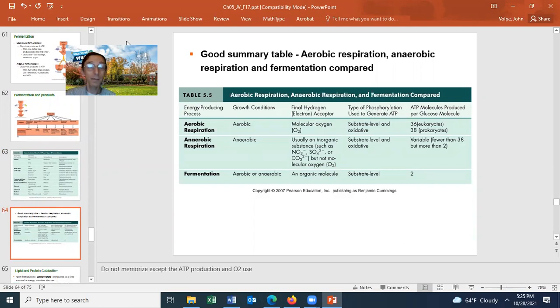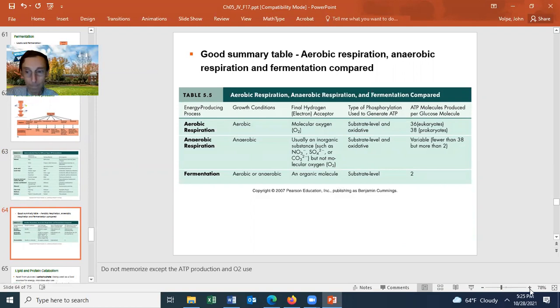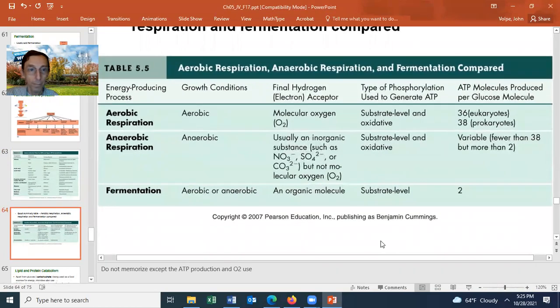This table is a good summary of aerobic respiration, anaerobic respiration, and fermentation. Let me blow this up a little. So it has the type of energy producing reaction, the number of ATP that are made per molecule of glucose.